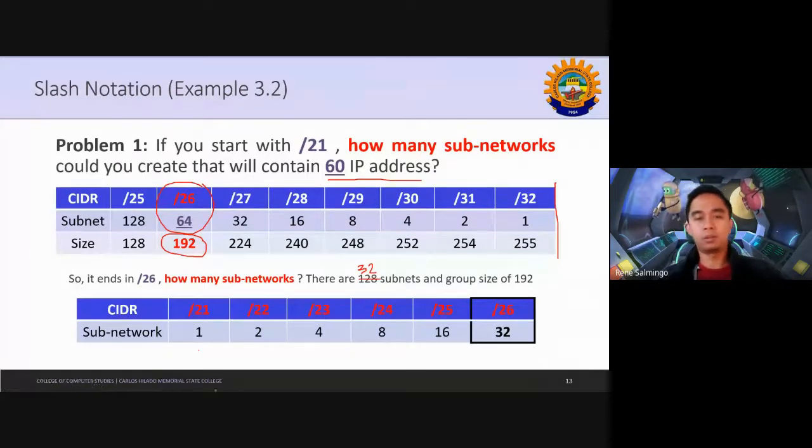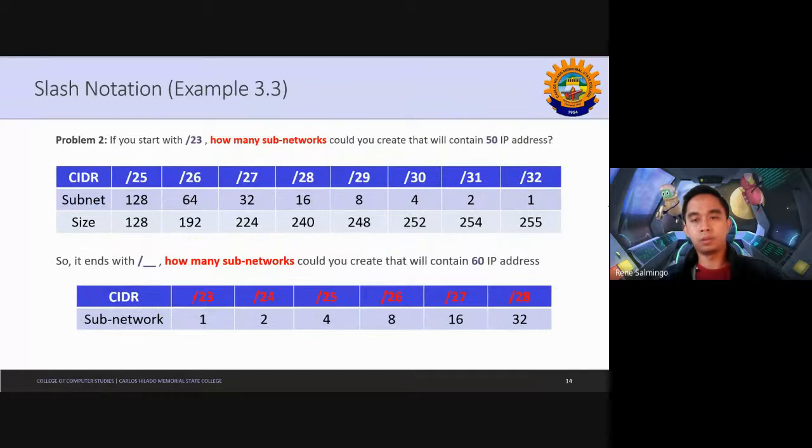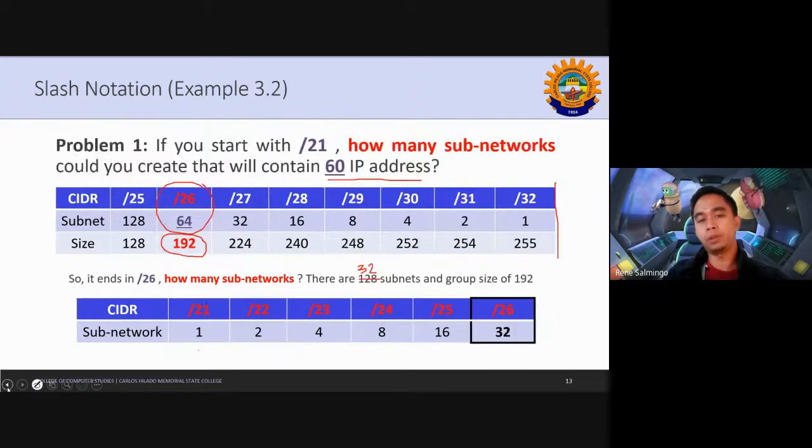Okay, no questions, so we move forward. Now in this example, how do we solve for this? Given the following IP address, how many subnetworks can you create to contain 50 IP addresses? For 50, first we look at our table. This is our main table for CIDR notation.